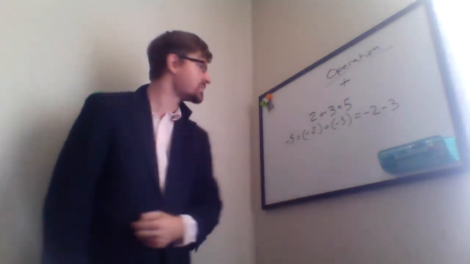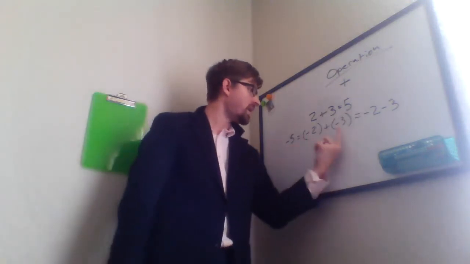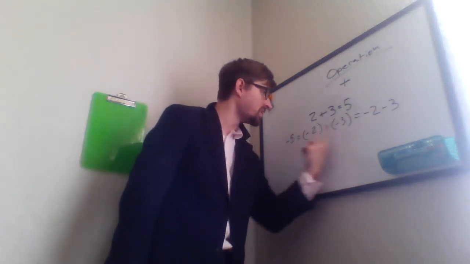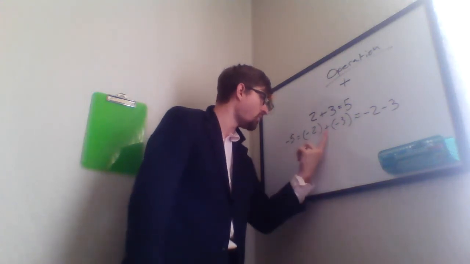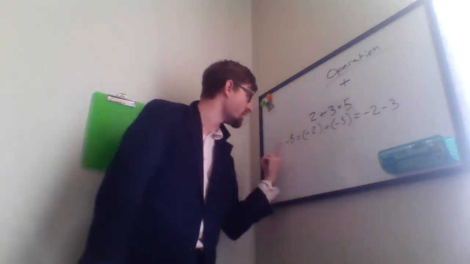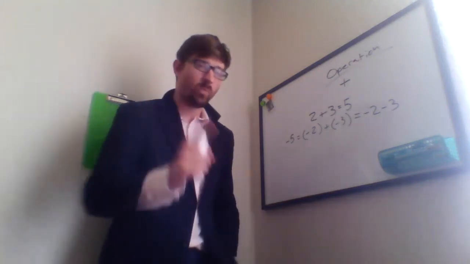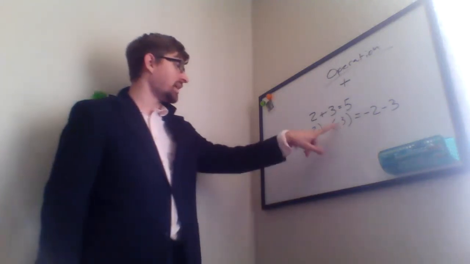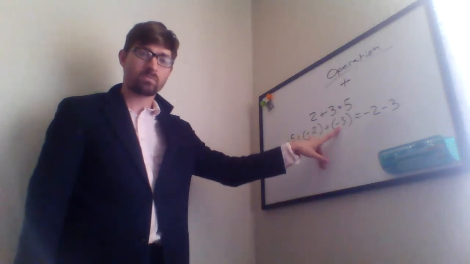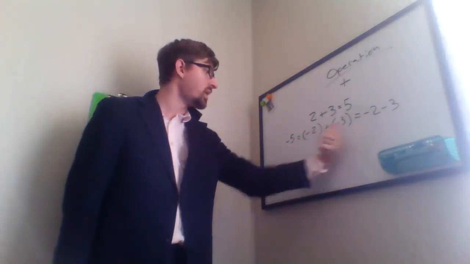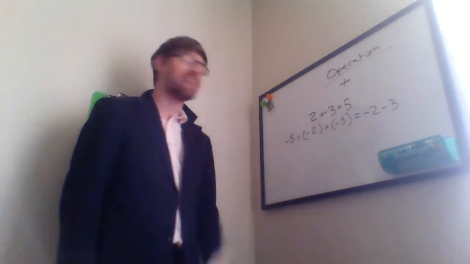And notice this. The negative, negative, negative. The sign was the same. Therefore, I added the two numbers and just attached the sign. Let me say that one more time. These signs are the same. Therefore, I added the two numbers and just attached the sign.